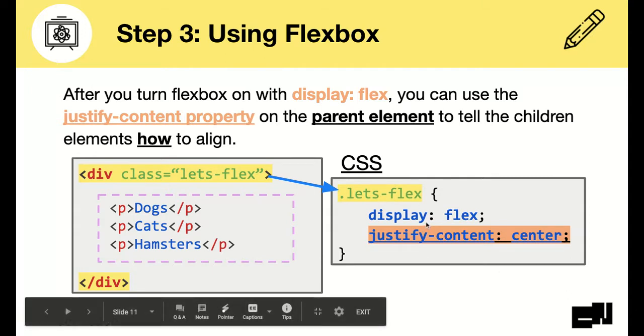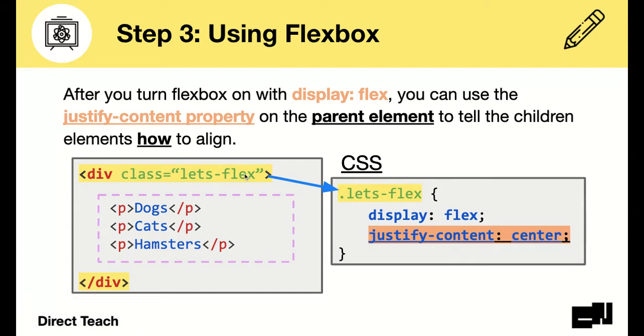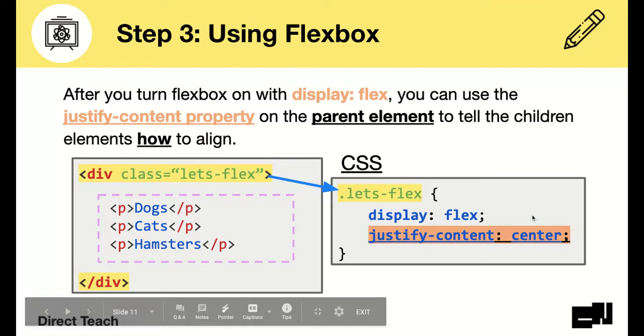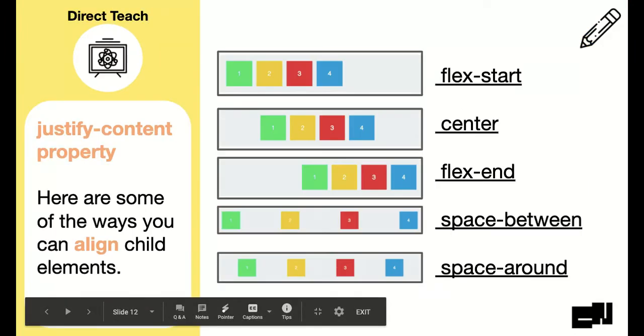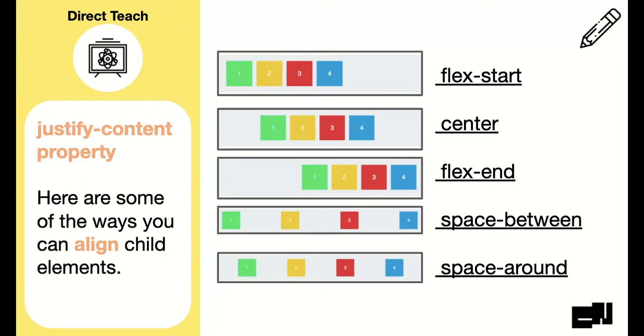So recap, you hit the selector for the parent, and then add the display flex. That's pretty much just like the switch. You add display flex, it's going to go horizontal. And then we add some styling with justify content, and then you can add the different values. Here are just a few different values that you can use.